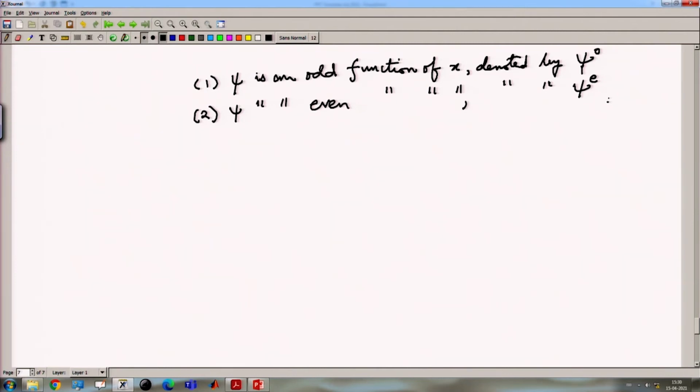So, these are the 2 possible distributions of psi we will consider.